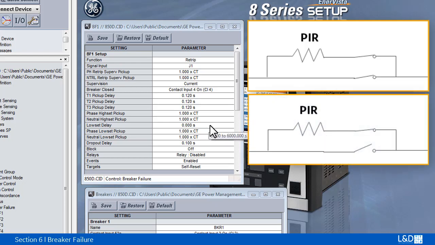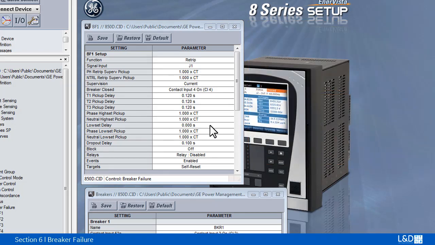The low set delay interval is the expected breaker opening time. Different breaker manufacturers have different designs of the PIR pre-insertion resistor. It is important to understand the sequence of the PIR operation during opening before setting this parameter.